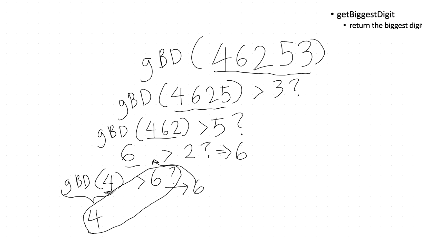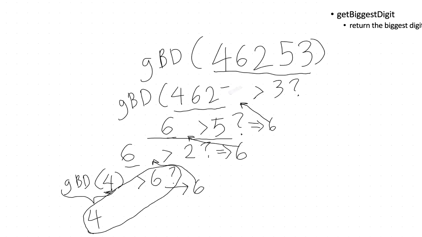Since this was the answer to GBD 462, this recursive call will finally resolve to a number, which is 6. Same thing here. 6 is greater than 5. So here, since 6 is greater than 5, we return 6 here. And that gets passed up to this function call. So that function call gets resolved to the number 6.